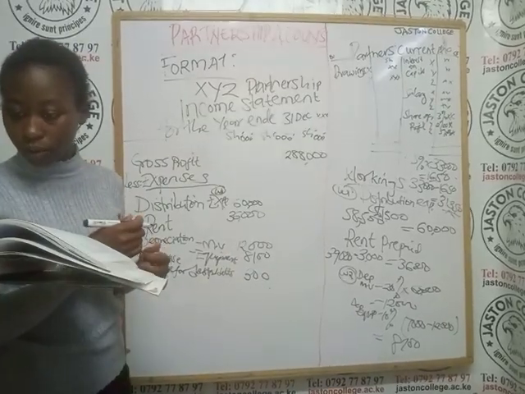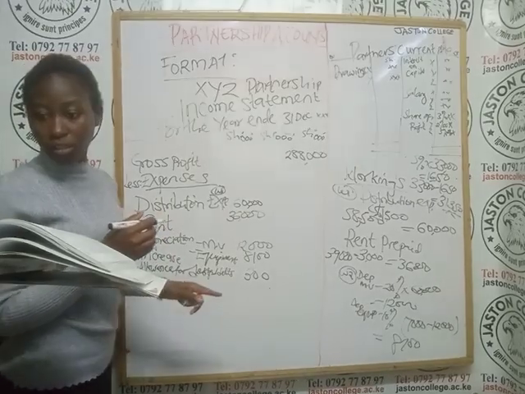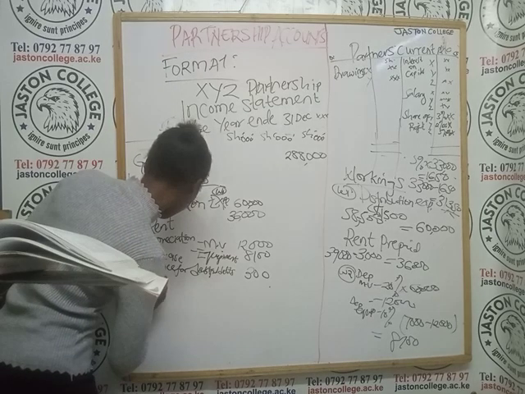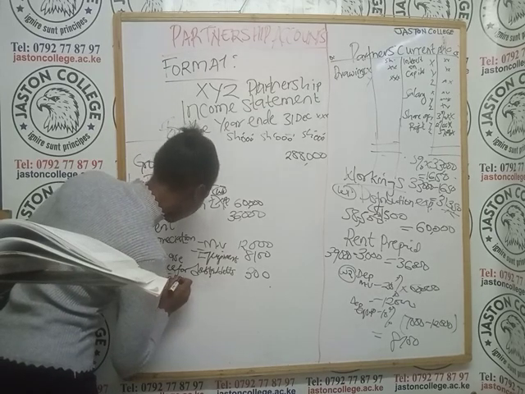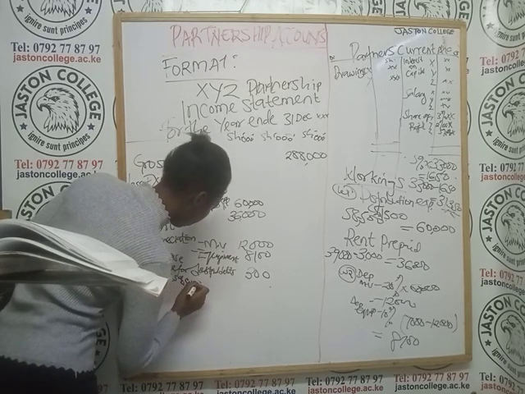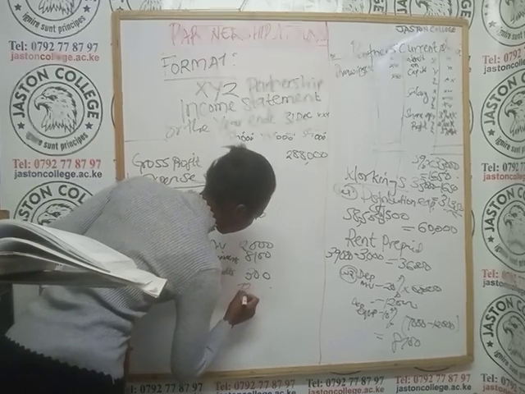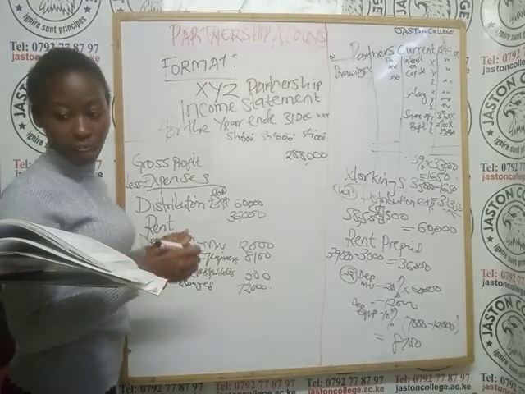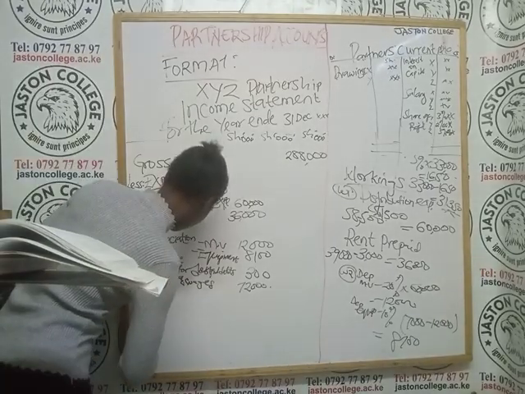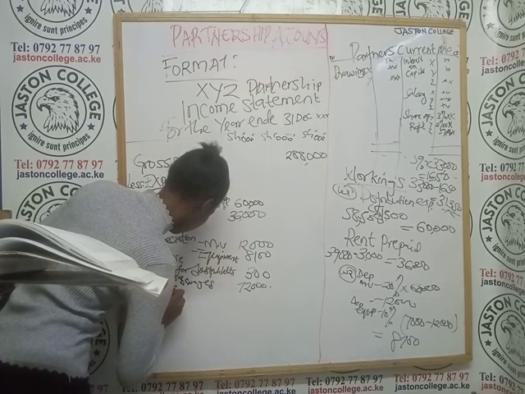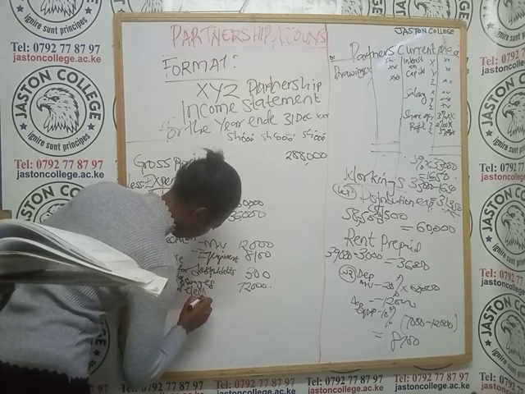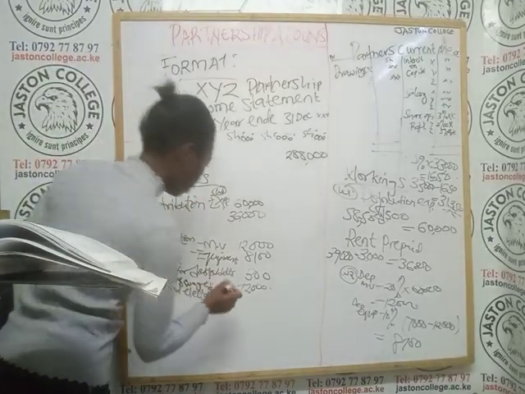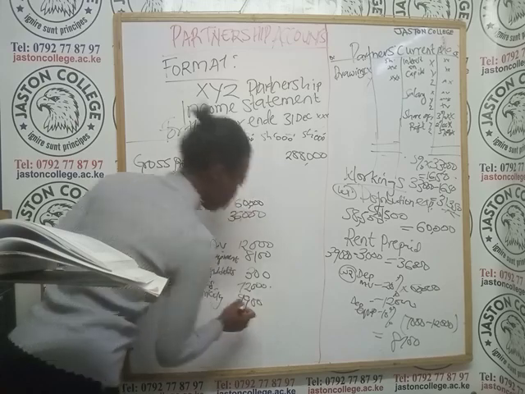And then we will take our salaries and wages for the partners, which we've been given 72,000. Then we will also have water and electricity at 9,900.